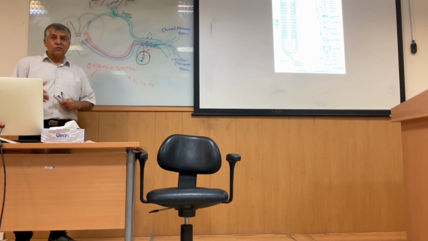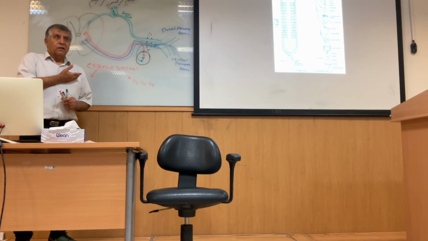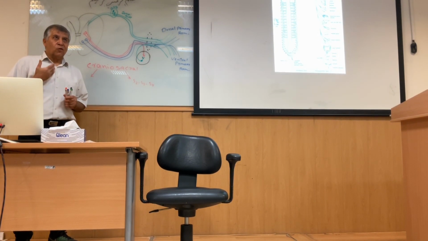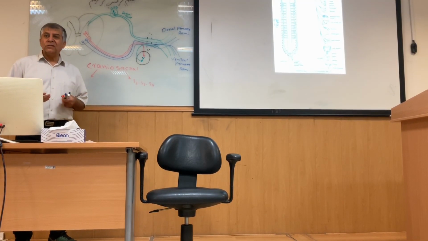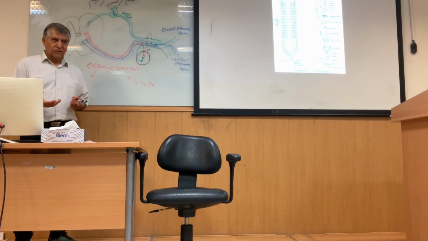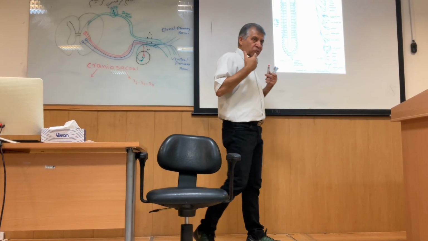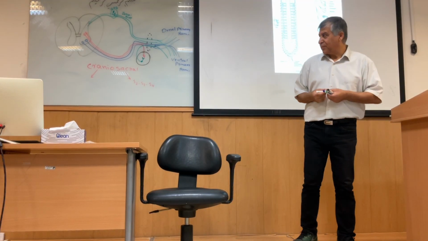Parasympathetic fibers for bronchial muscles, tracheal muscles, esophagus, stomach, and intestine originate from the vagus nerve. The vagus nerve innervates all structures in the thorax and abdomen.